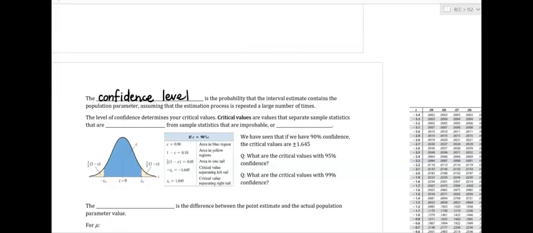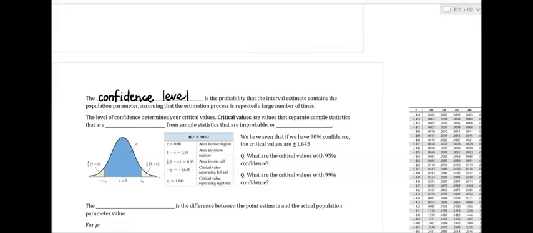I want to take a second to talk about what that means exactly, because it will determine how we interpret our confidence intervals. Remember, a big part of this course is not just being able to calculate these things, but being able to tell me what these things mean.